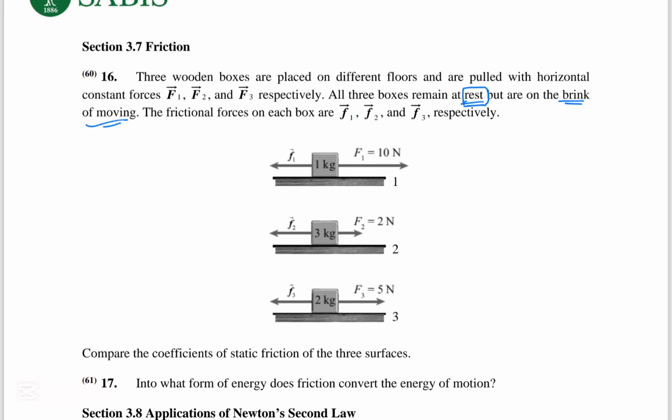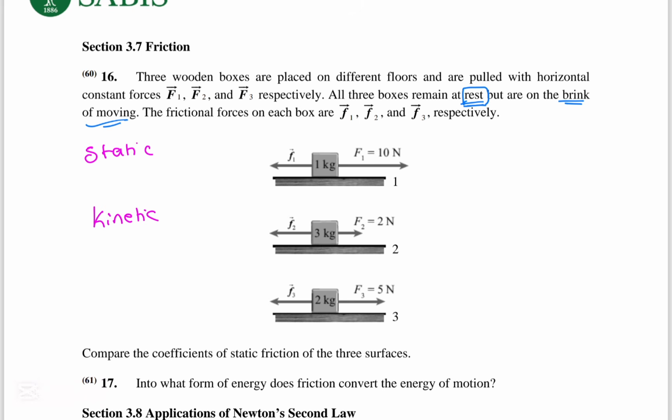So actually, we have 2 types of friction. We have the static friction and we have the kinetic friction. When an object is at rest but is on the brink of moving, for example, I'm gonna take my water bottle over here. I'm gonna push it, it doesn't move, it's at rest, but it's almost about to move. This is static friction. I am pushing my bottle, but then there is the friction that is also resisting my force, okay?